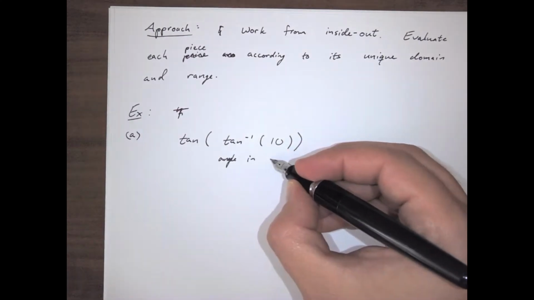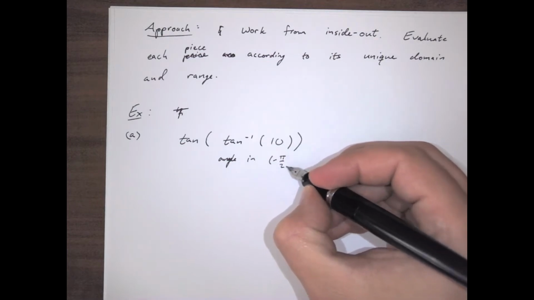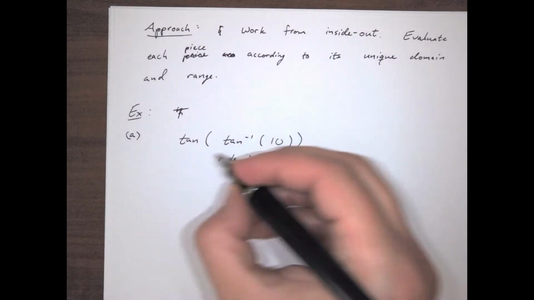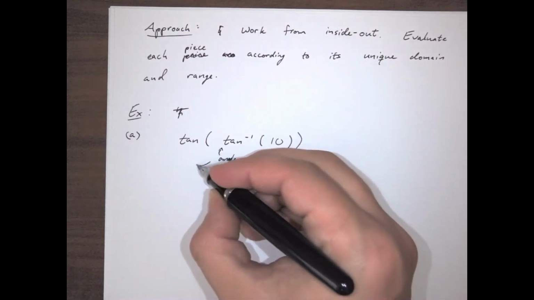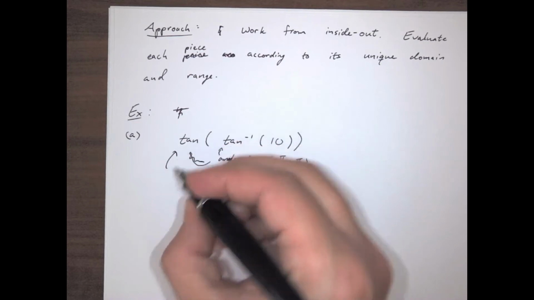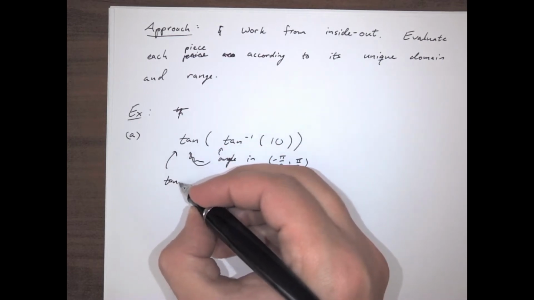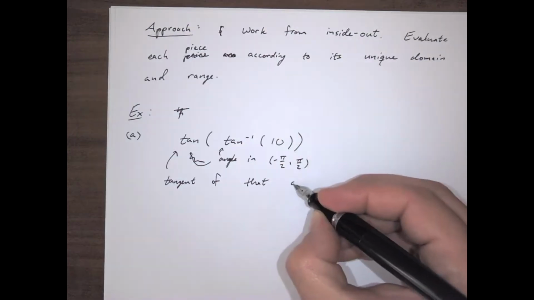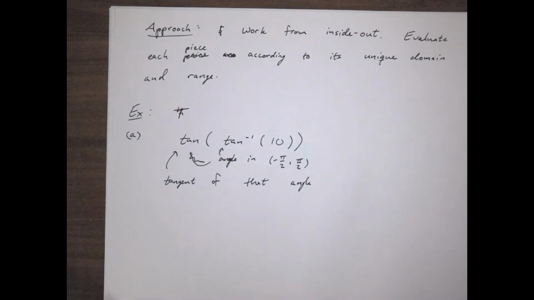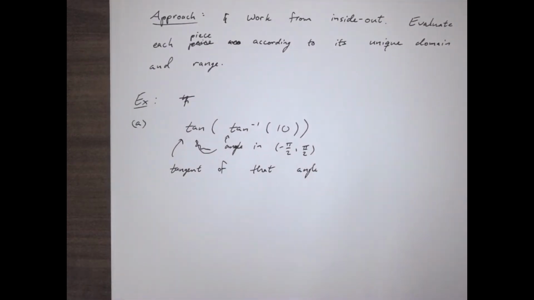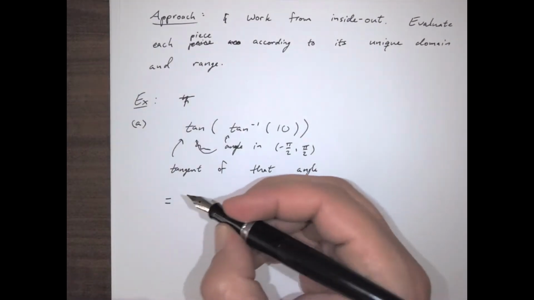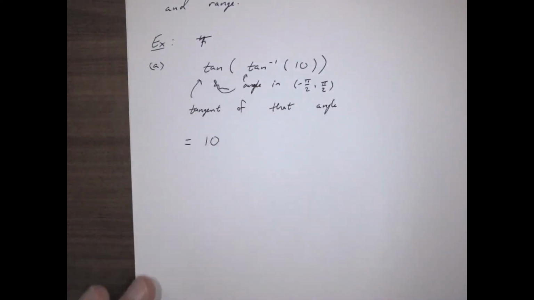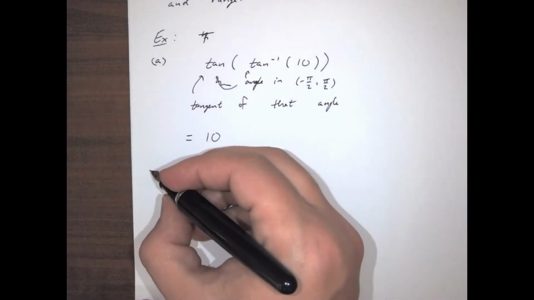It's an angle in -π/2 to π/2. And then the tangent will give the tangent of that angle. What we can see is the tangent and the inverse tangent are just going to be undoing each other and returning you back where you started. This is what will typically happen when we do this.